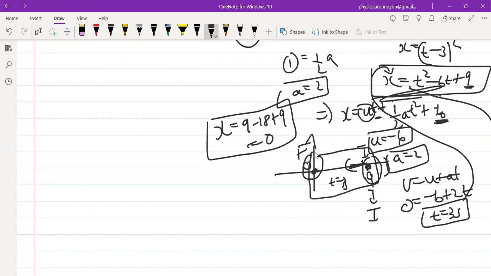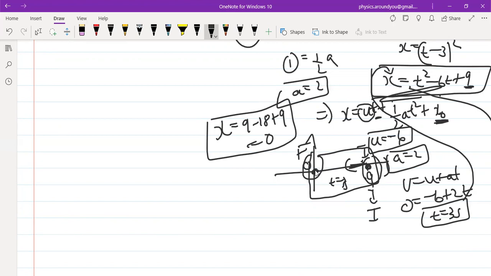Okay, t square minus 6t plus 9, and then compare it with s equal to ut plus half at square. Half a should be equal to 1, so a should be equal to 2. From there on, it is the graphical approach. You should actually feel the particle. Initially, it was at 9 going towards left because u is -6, right?